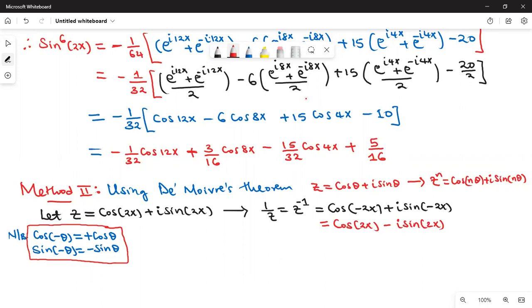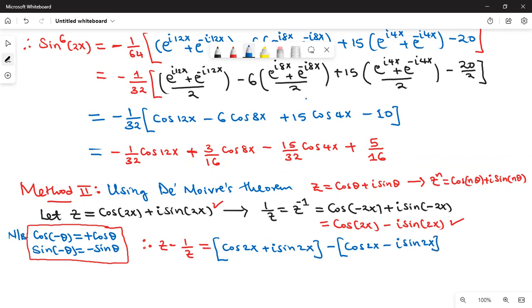Now I want to take z minus 1 over z. What are we going to get? I'm subtracting: the whole of this minus this one. It is cosine of 2x plus i sine 2x, that is z, minus 1 over z, which is cosine of 2x minus i sine of 2x.